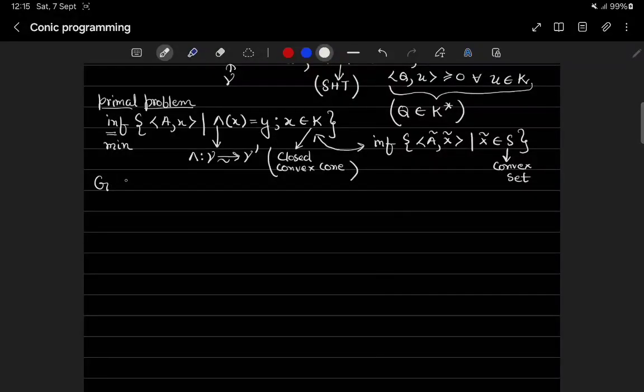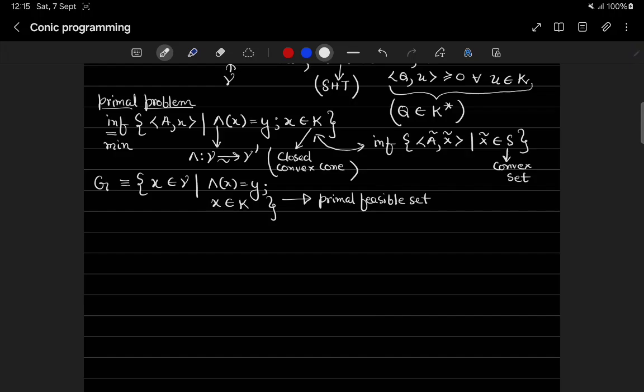This is a set G defined as x belonging to V such that lambda of x is y and x belongs to K. So this is called the primal feasible set. The point is that the optimal value, which is the primal value that this optimization will take, it will take within this primal feasible set.